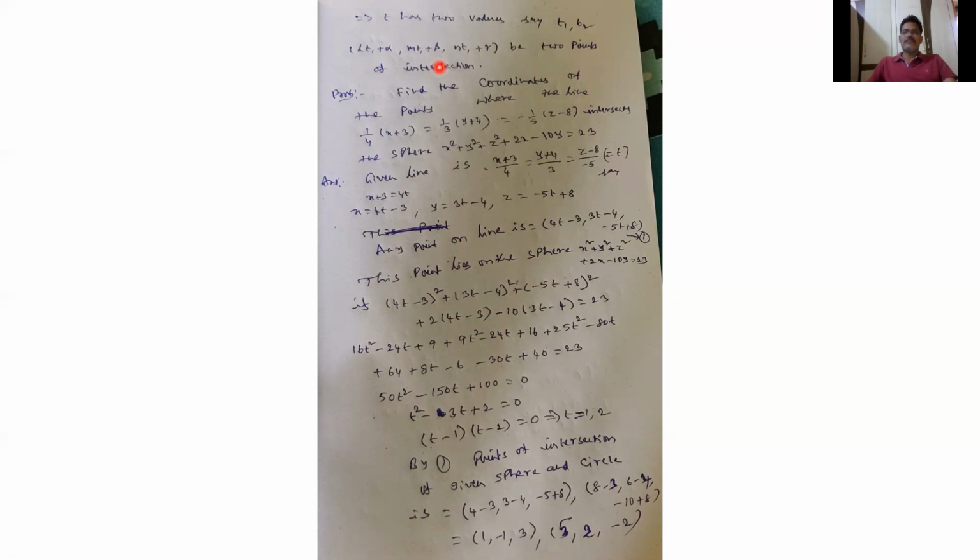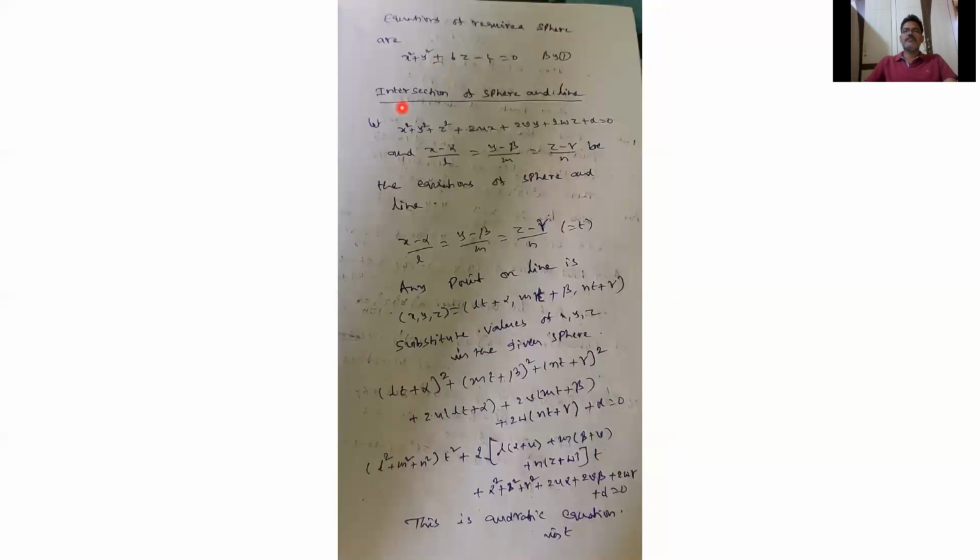So substituting t equal to t1 and t2, we'll get 2 points. Substitute t equal to t1, we get 1 point, and in place of t2, if you write t equal to t2, (lt2 + alpha, mt2 + beta, nt2 + gamma), this is another point.